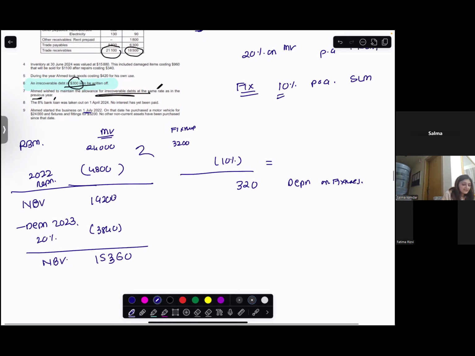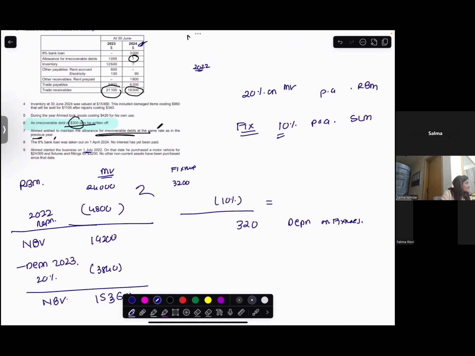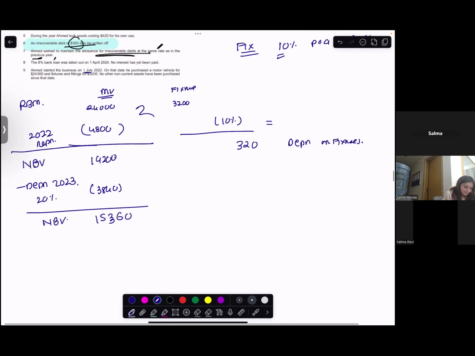Now my year is ending in 2024. That means I need depreciation for 2024 at 20%. I hope you're with me. So 15,360 into 20% is 3,072. He took it on 1st July.